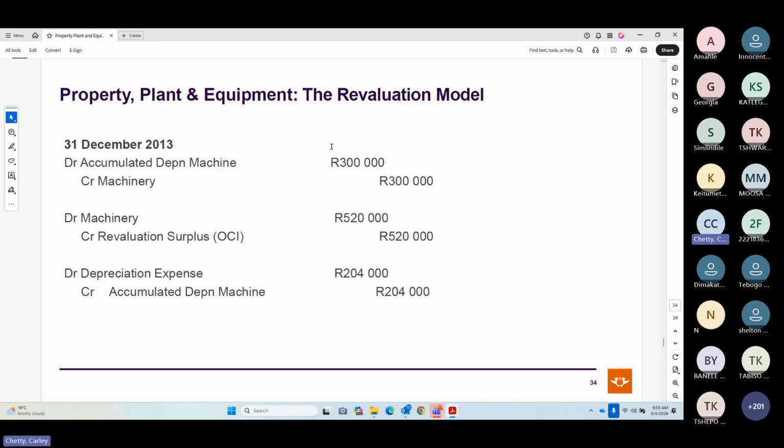So we're going to debit accumulated depreciation with 300,000, and we're going to credit machine with 300,000. So we are setting off our accumulated depreciation against our machine cost. So debit accumulated depreciation, 300,000, credit machine with 300,000.